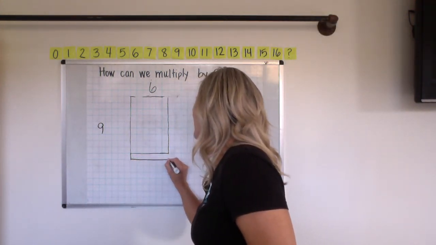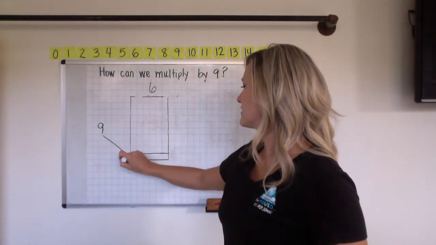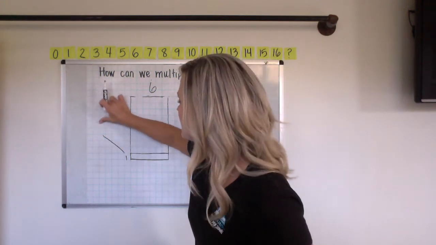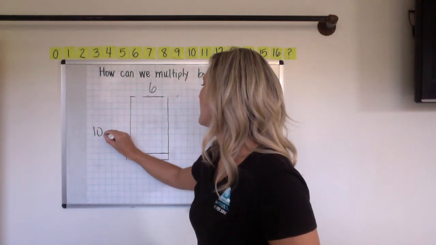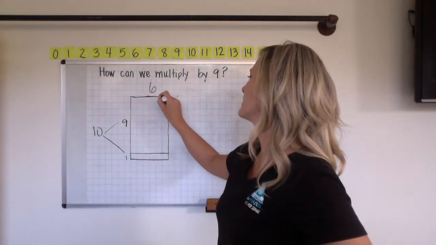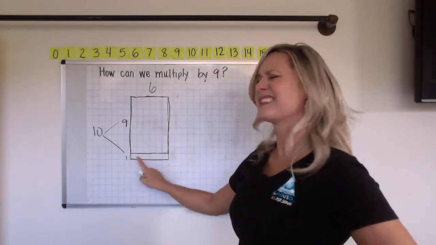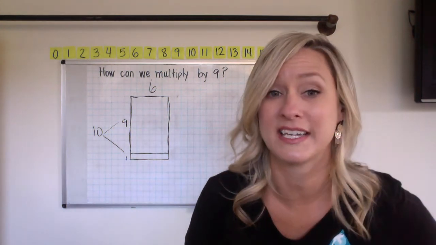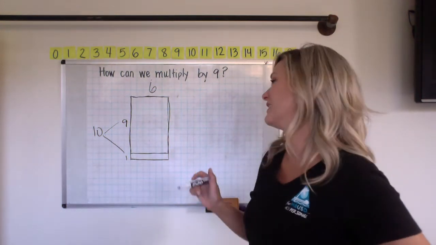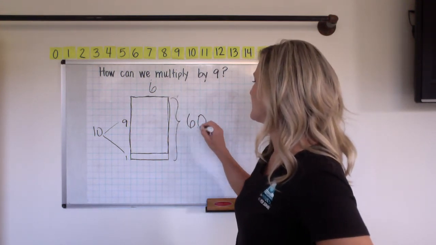So I'll just add that on there. So I would make that into a 10 and that into a 9. But I added this piece on to help myself because I know 10 times 6, lickety split. 10 times 6, this whole thing is worth 60.